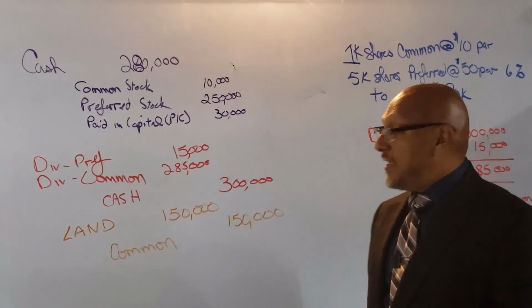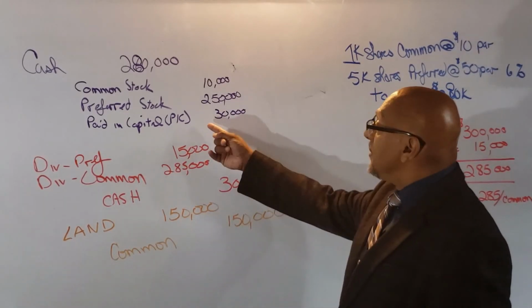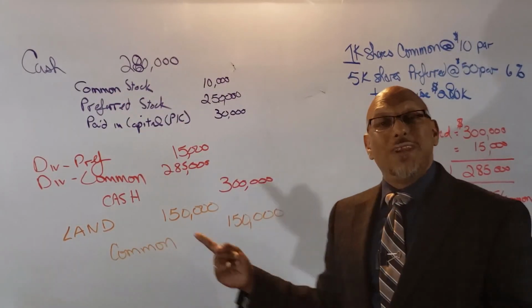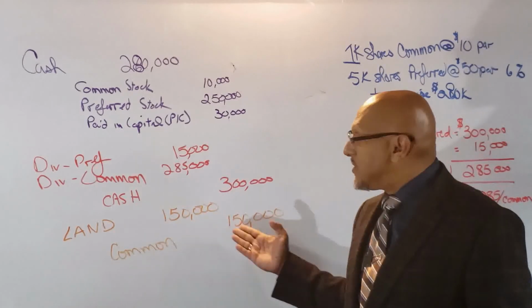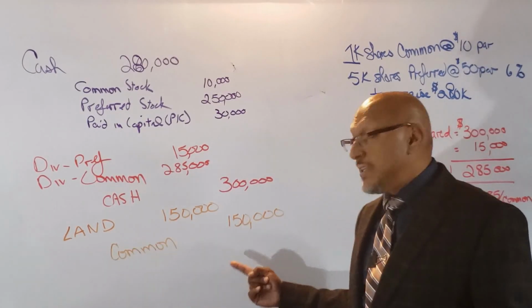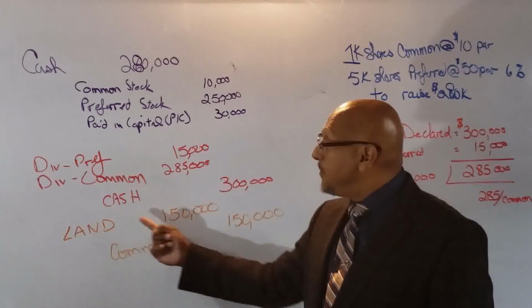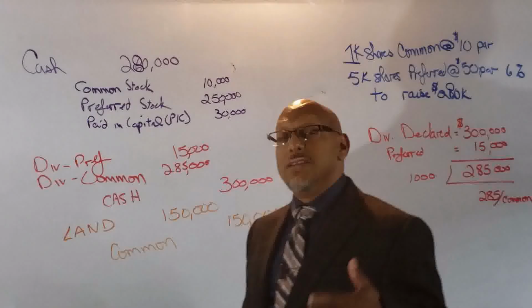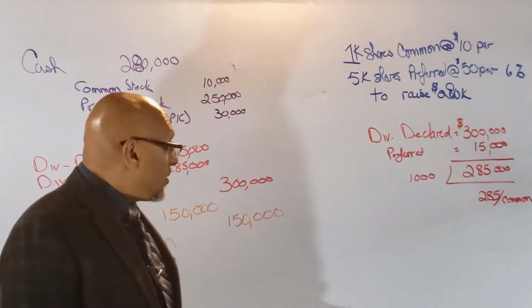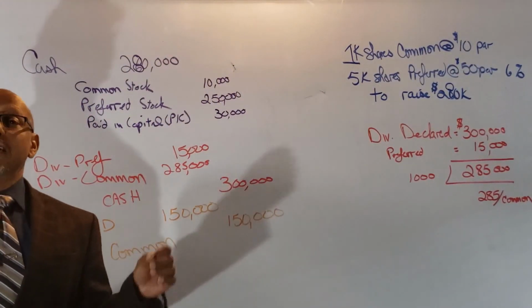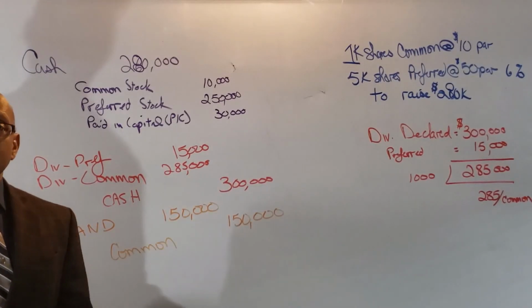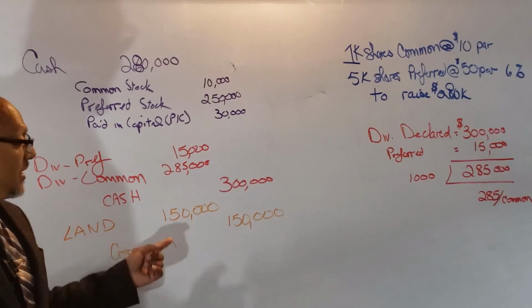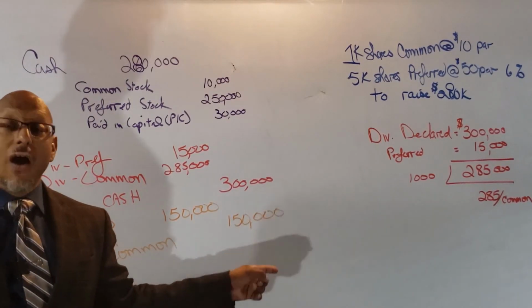Nobody paid money, so there is no PIK. The PIK is only because this was cash, and it was in excess of par. This is going to be issued at par. It's a swap of non-cash for non-cash, common stock for land. Because we're not paying any money with cash, there's nothing over that. So when we're issuing stock to pay for non-cash items, we can just debit that non-cash item and credit at par.